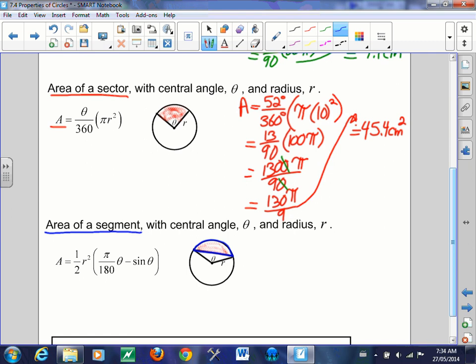So let's use the exact same example we have above with the radius of 10 and the angle of 52 degrees. Okay, so area equals 1/2 times the radius squared, so that's 10 squared, times pi over 180 degrees times 52 degrees, minus the sine of 52 degrees.